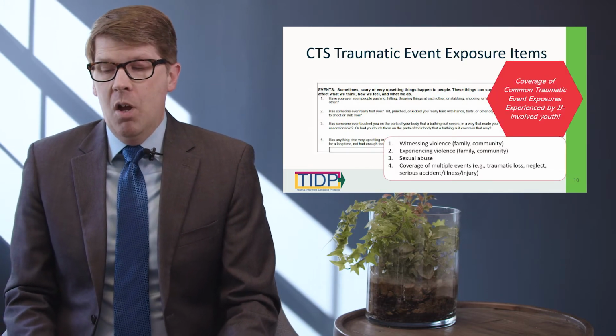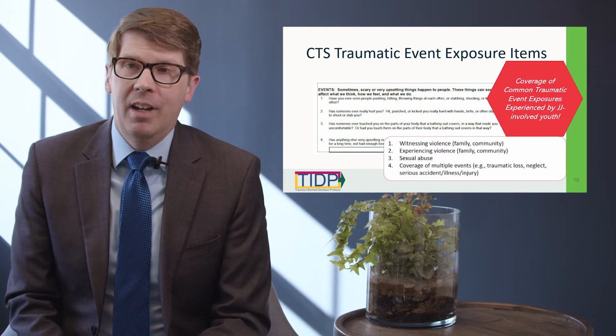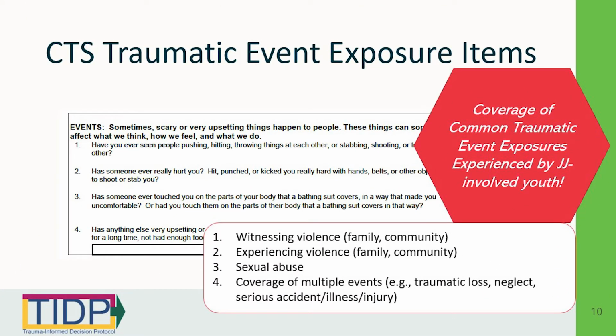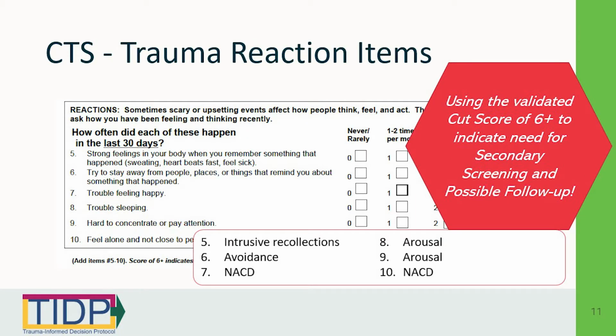And of course, what we've done here in Pennsylvania, in our pilot counties, is implement the CTS, or the Child Trauma Screen, which has a combination of items addressing traumatic event exposure and also current trauma reactions.